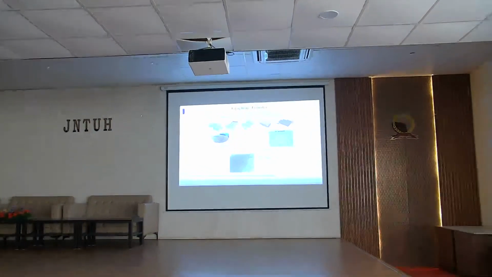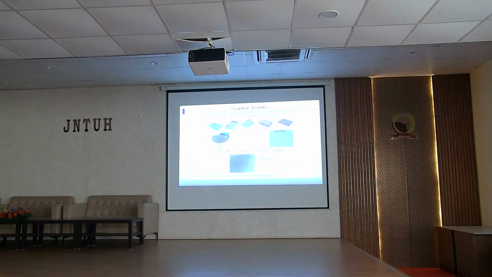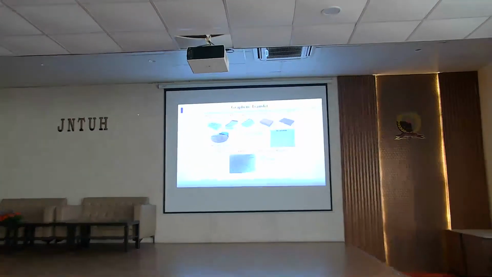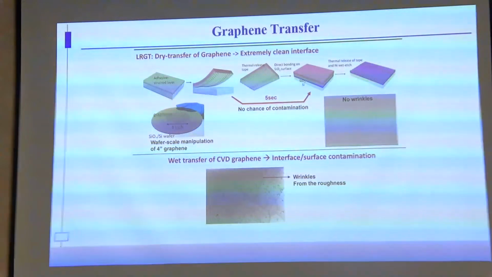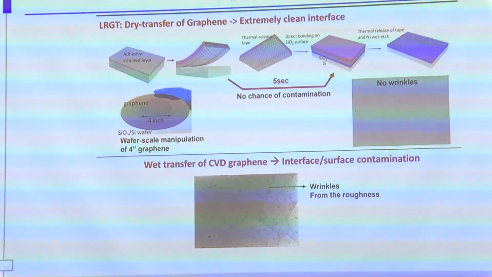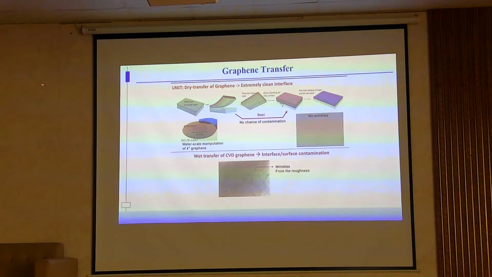So here, in the first step, you have one adhesive layer on top of graphene, and if graphene is on copper, for example, then you have the adhesive layer on top of the graphene. Then simply you take it off, and the graphene will be on that adhesive layer. That's your second step.